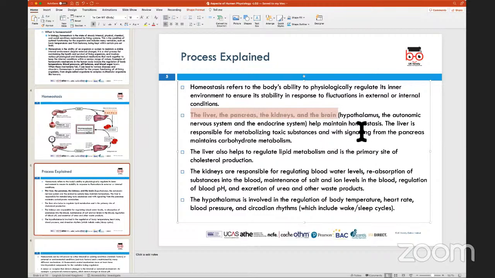Now, when we talk about the hypothalamus, this is the part of your brain where the autonomic nervous system and the endocrine system come together, wherein all the nerve endings come together and are used to process or send signals across to various parts of the body.